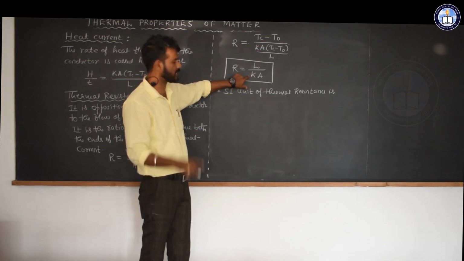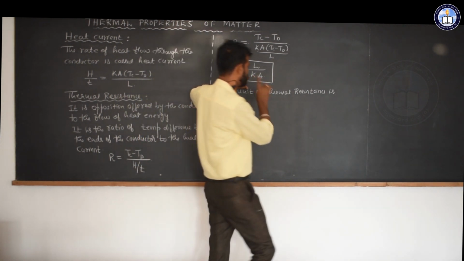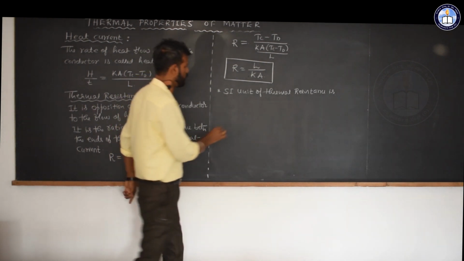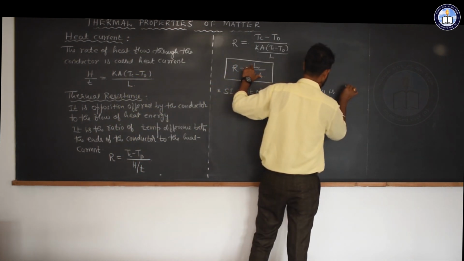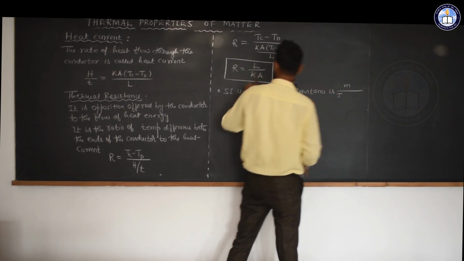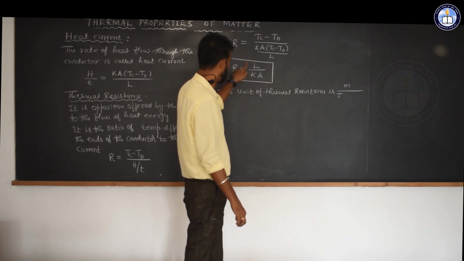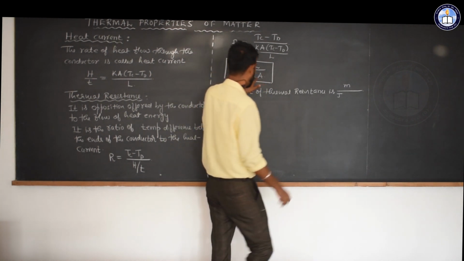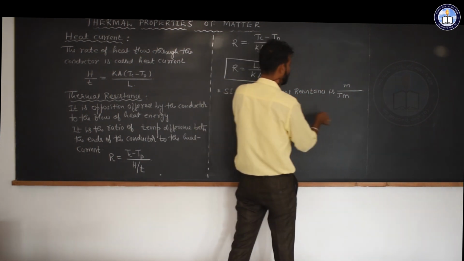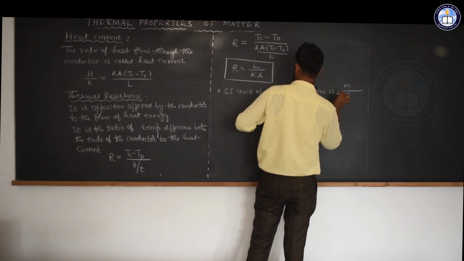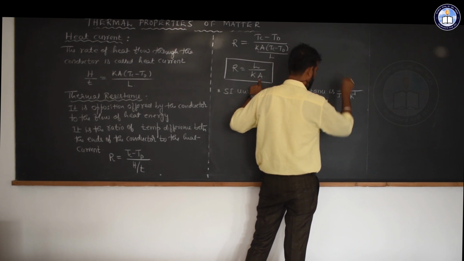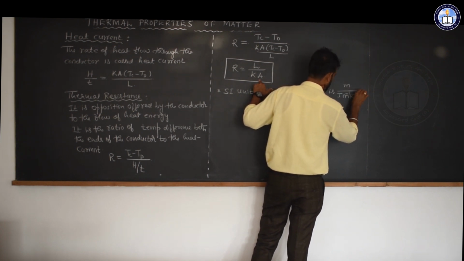The SI unit of thermal conductivity K is joule, because K is heat energy H times L in meter, divided by area meter square, meter power -1, then temperature difference is Kelvin power -1, and time is second power -1.